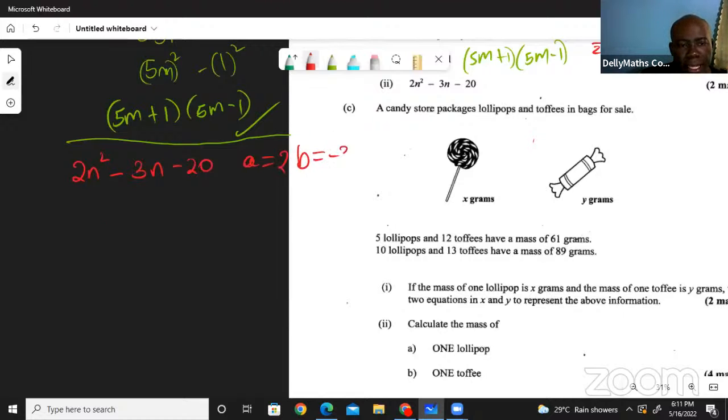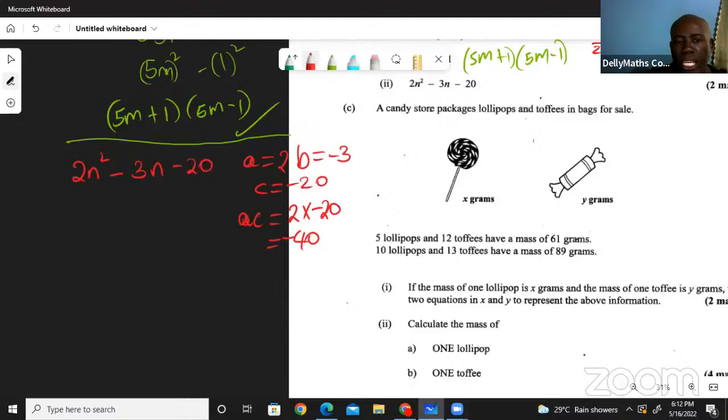B is -3, and our C value is -20. Doing the AC method, we need to find A times C, and that is 2 times -20, which gives us -40. So AC is equal to -40.